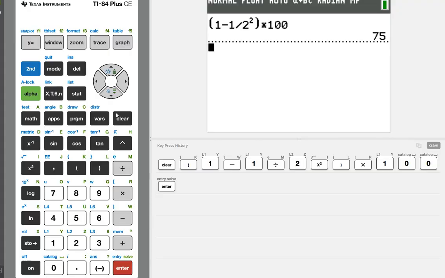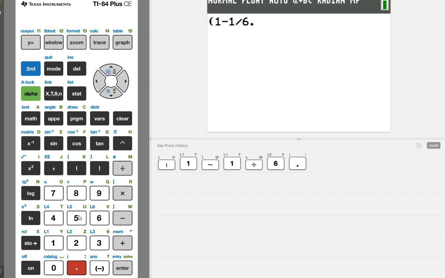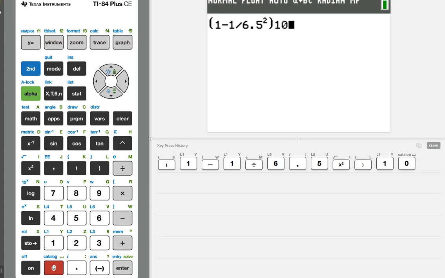So let's just see how unusual Marilyn Vos Savant is compared to most people. Now, of course, this is in any data set. If you're dealing with the empirical rule, which doesn't exactly apply here yet, you get a much better estimate. So times 100, you don't actually have to hit the times key here.